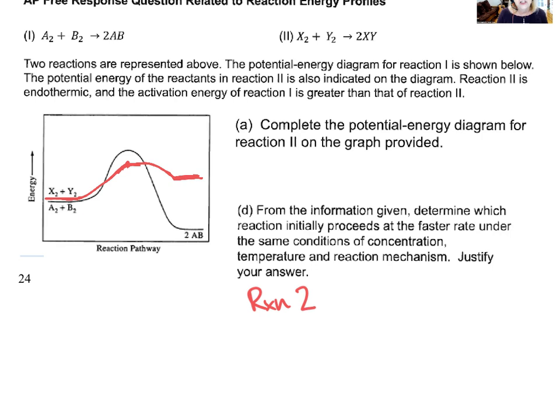Even though reaction 1 is exothermic, reaction 2 is faster because it has a lower activation energy. And that is where I'm going to stop for today.